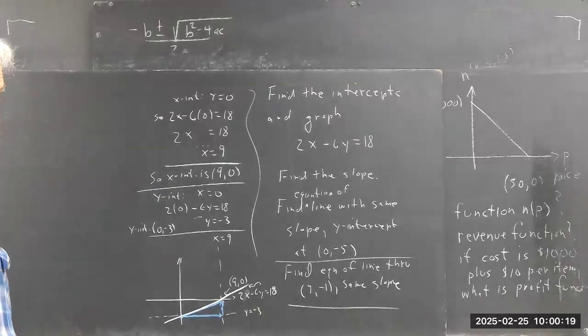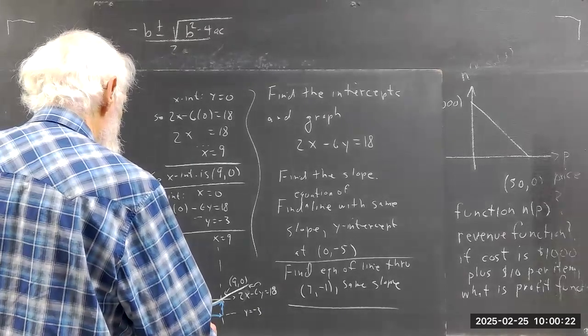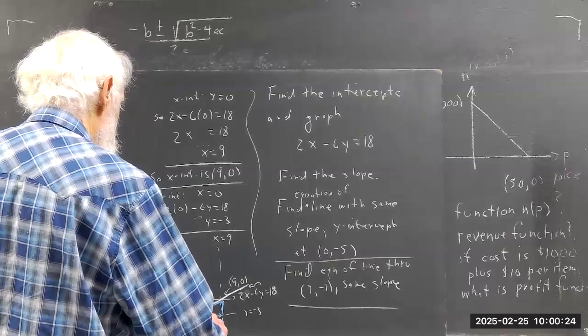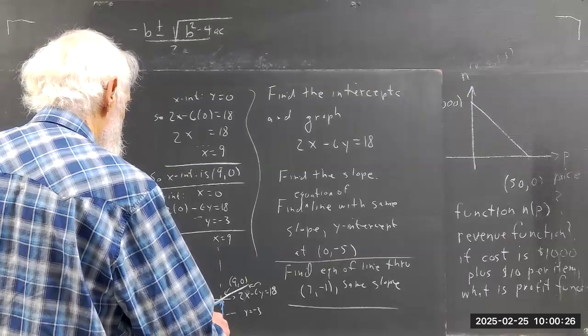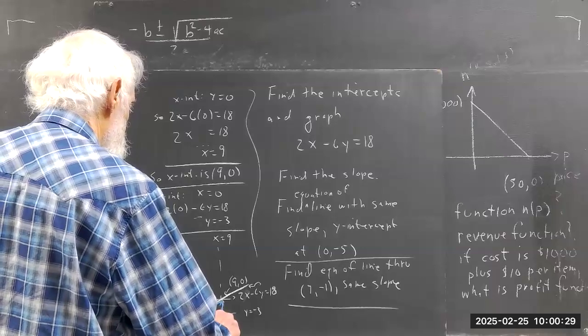Okay. And we could say the run equals 9 minus 0, which is 9.